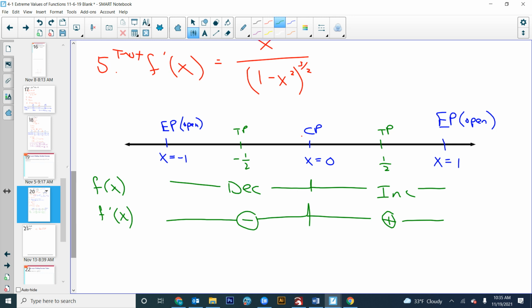Let's think about it. We just said there's an asymptote over here. Who votes that from the left, f of x is going up towards the asymptote? Who votes it's going down towards the asymptote? Who doesn't know? Thank you for being honest.